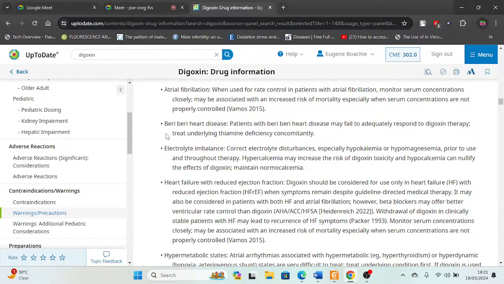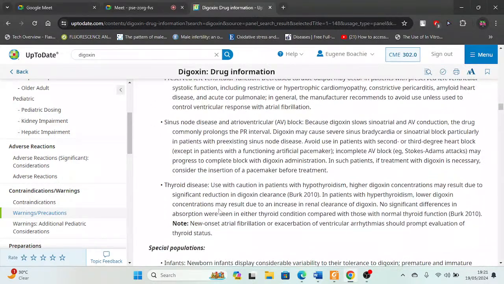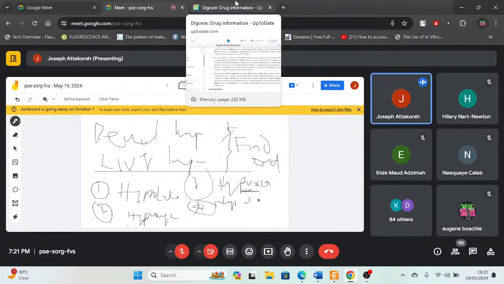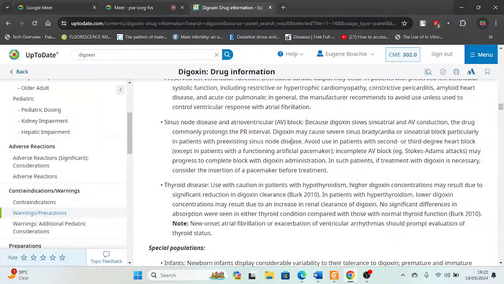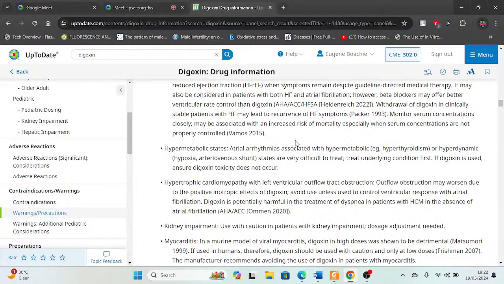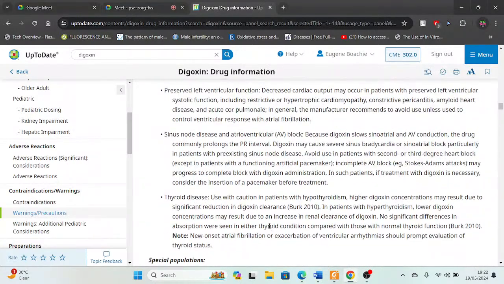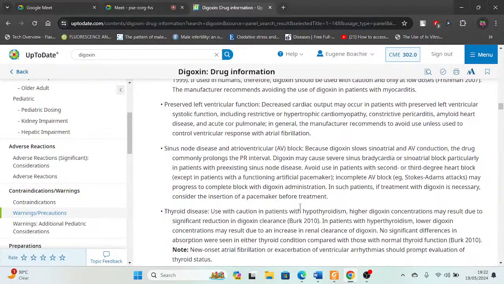Hypercalcemia. We have talked about hypomagnesemia. Alkalosis. Any other? Hypothyroidism. Good. So we have alkalosis.